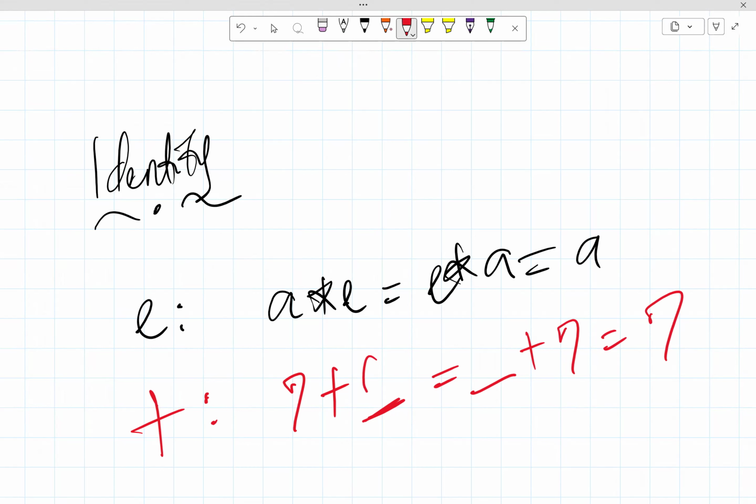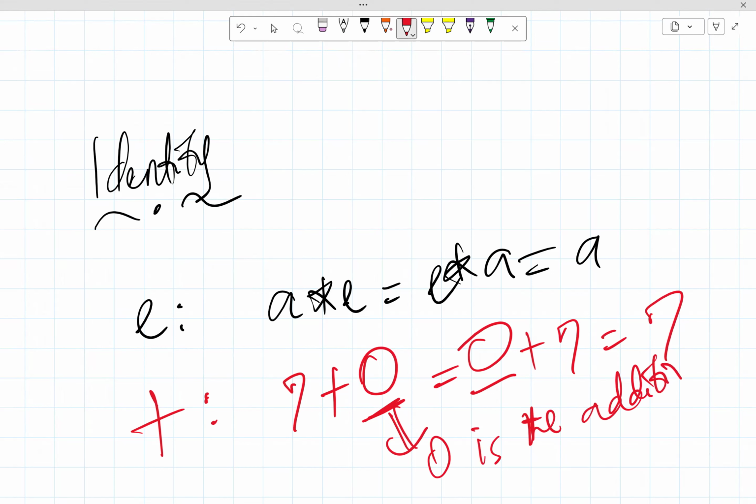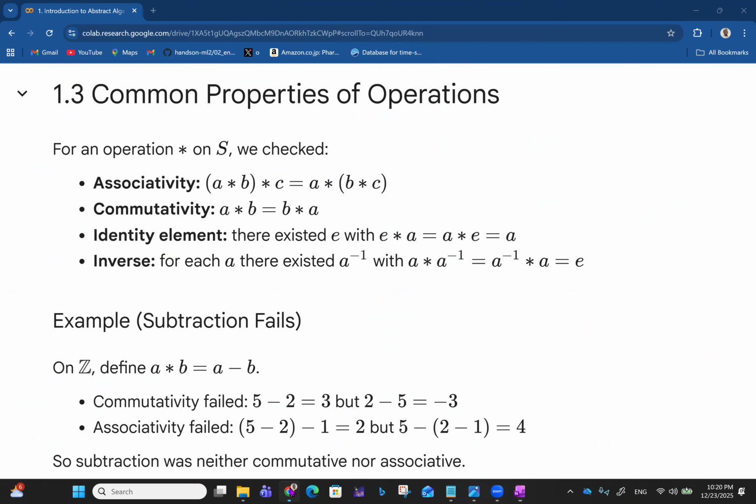Under addition, the number is 0. That is why 0 is the additive identity. For addition, 0 is an identity because anything you add 0 to, or anything you add to 0, always gives you whatever you add it to. So that's the idea of identity.